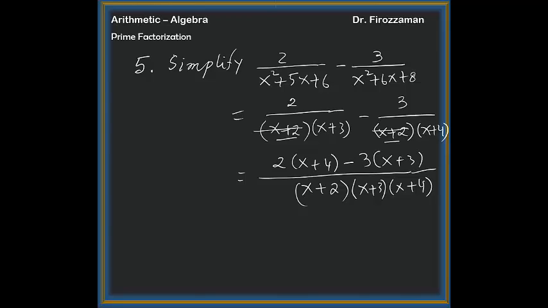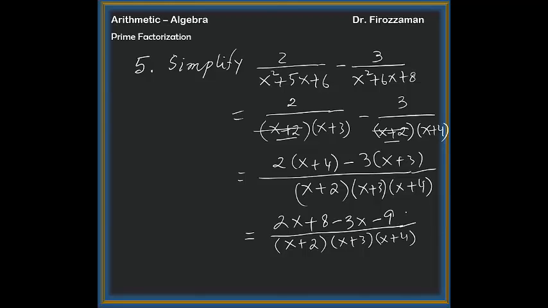I hope it is very clear to you. We don't just multiply across. Now carefully open the parentheses, distributing the constant you have in front. So you get 2x plus 8 minus 3x minus 9, all over x plus 2 times x plus 3 times x plus 4.